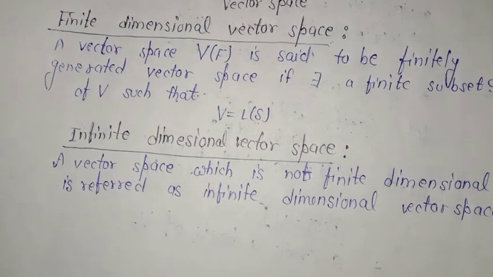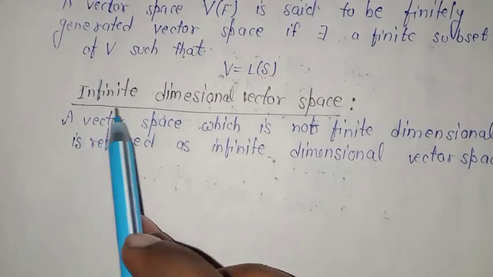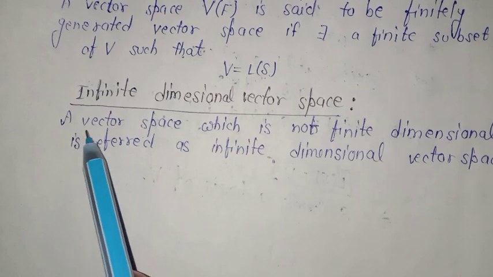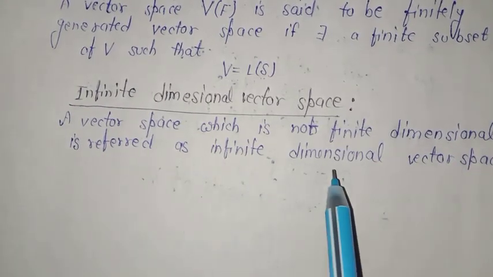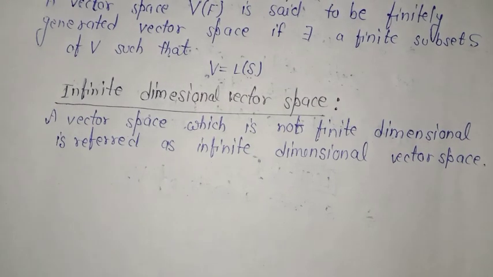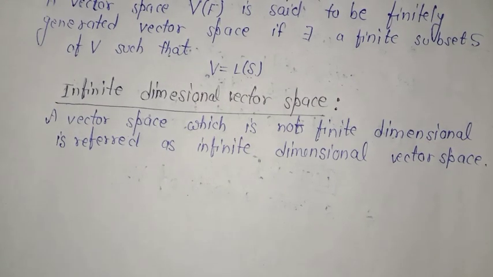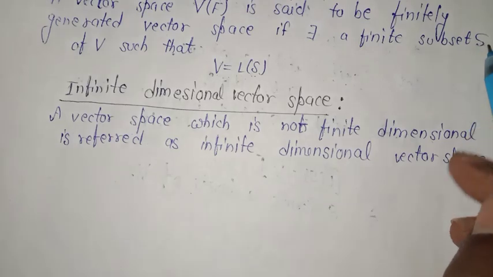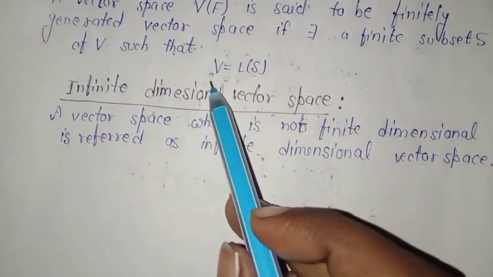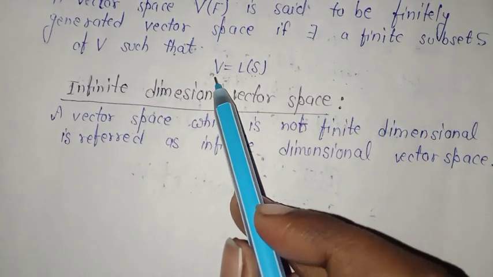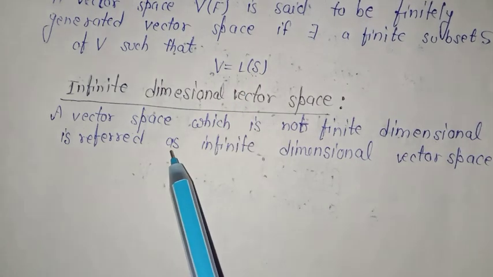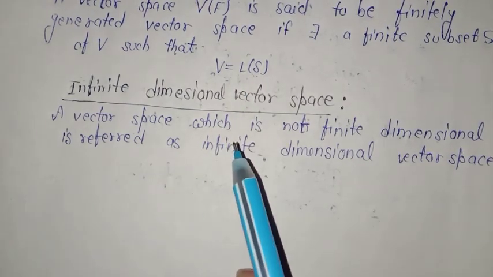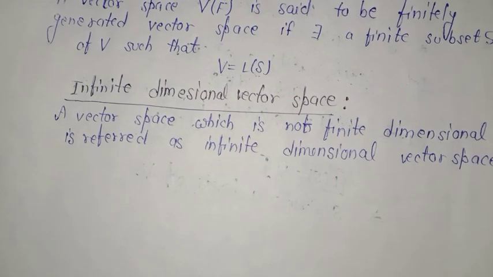Now the definition of an infinite dimensional vector space. A vector space which is not finite dimensional is referred to as an infinite dimensional vector space. That is, if there does not exist any finite subset S such that each element of V can be expressed in the linear span of S, then we say this vector space is of infinite dimension.